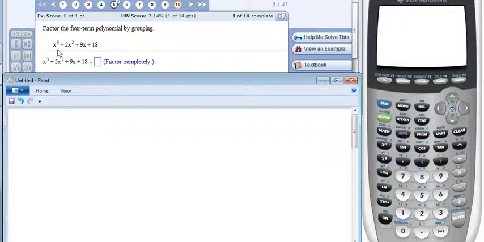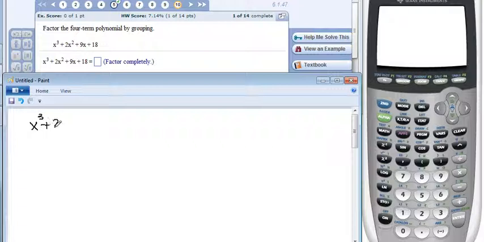Tell me what they have in common. Between a 1, a 2, a 9, and an 18, what number divides into all of those evenly? Well, it's just a 1. That doesn't ever do us any good. And between an x cubed, an x squared, an x, and no x, what's the lowest powered? No x. So there's nothing that they have in common. So you would almost think that there's nothing that we can do.